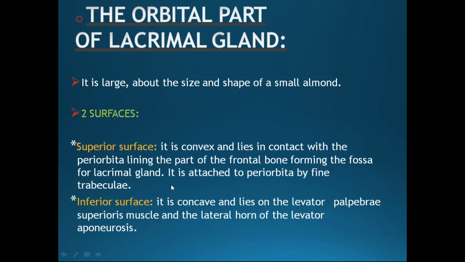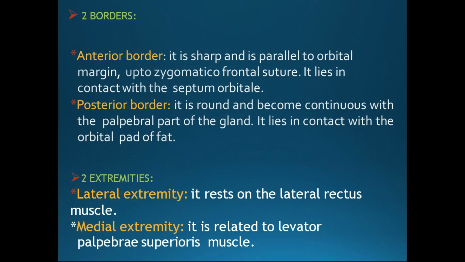It has two surfaces, two extremities and two borders. The anterior border is sharp and is parallel to the orbital margin up to the zygomatico-frontal suture.